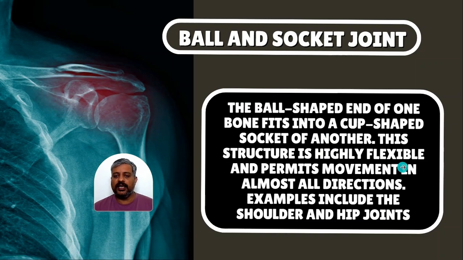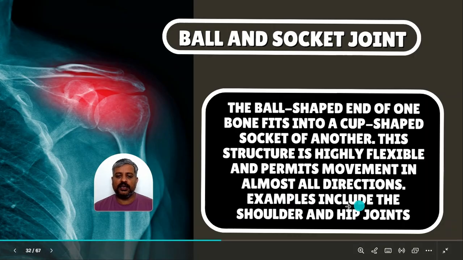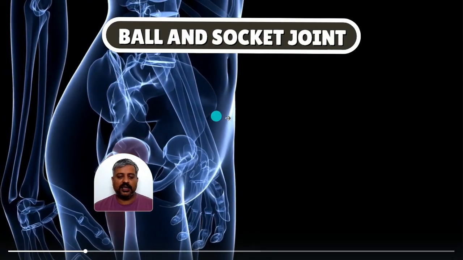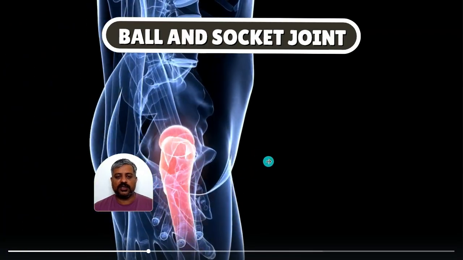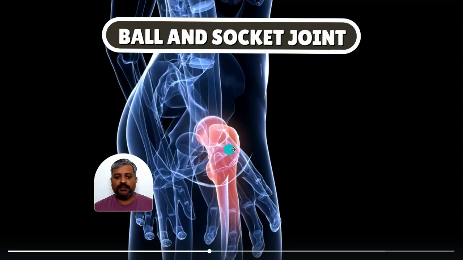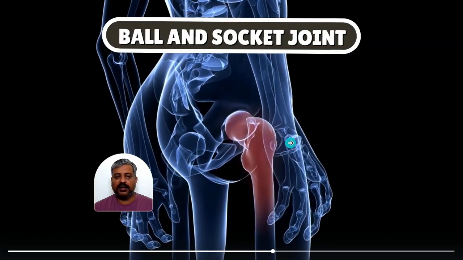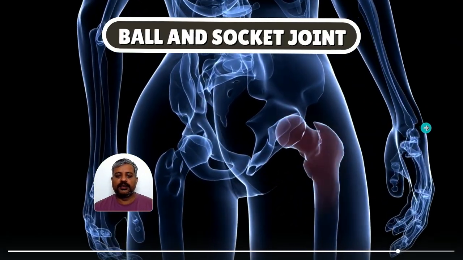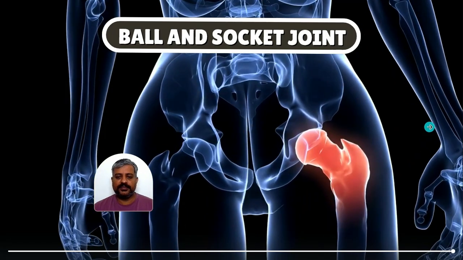This structure is highly flexible and permits movement in almost all directions, to and fro, and rotational. Examples include the shoulder and the hip joints. Here we can see the shoulder we have seen, and this is the hip joint. So this is the cup, and here it is the socket. You can have a detailed look here, right?